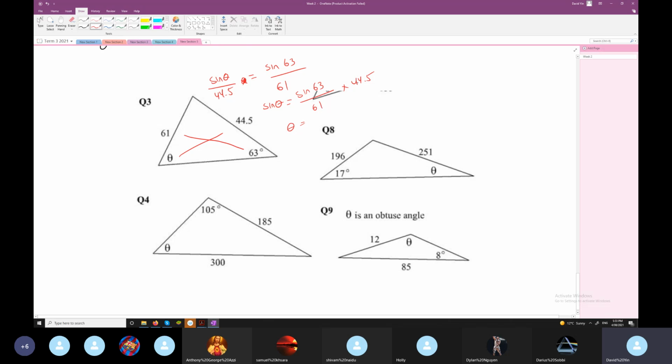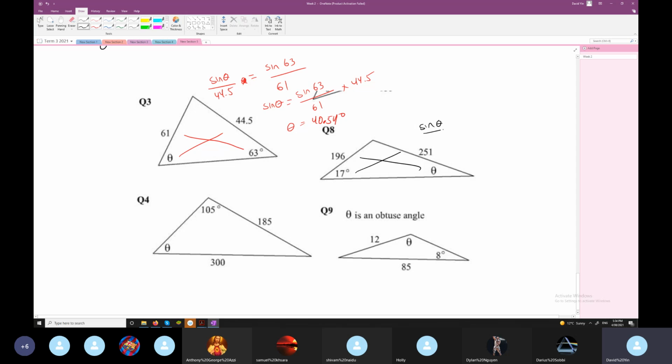So I will quickly do that. Sine 63 divided by 61 times by 44.5. So we get 40.54 degrees. All right, so that's that one done. Now let's do this one. This one goes with that one goes with that.